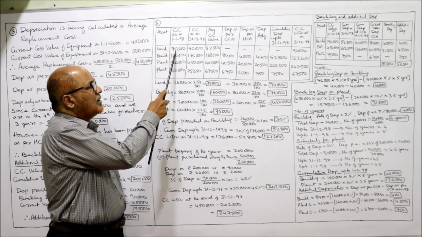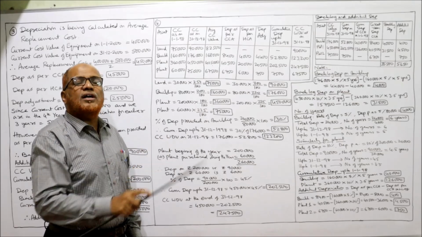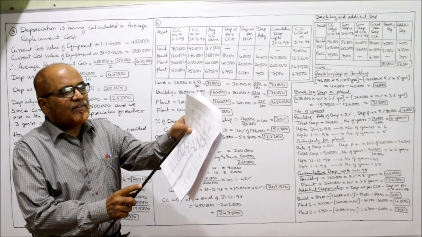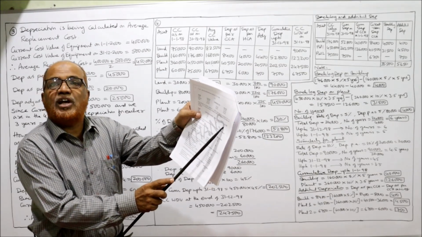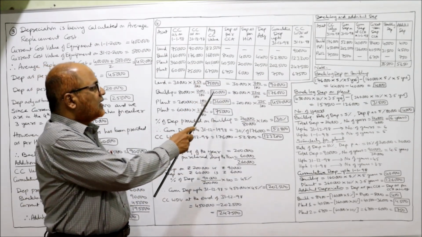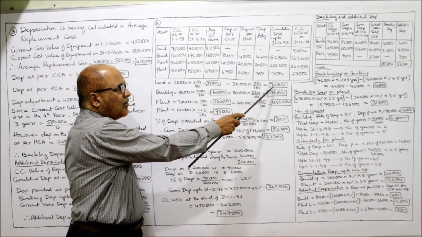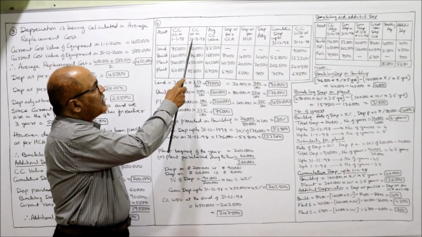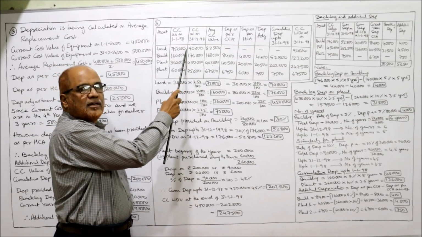Similarly, I want the current cost value on 31st December 98. The 31st December 98 index number was 300. So 30,000 into 300 by 100, how much will it become? 90,000. So 90,000 is the current cost on 31st December 98.